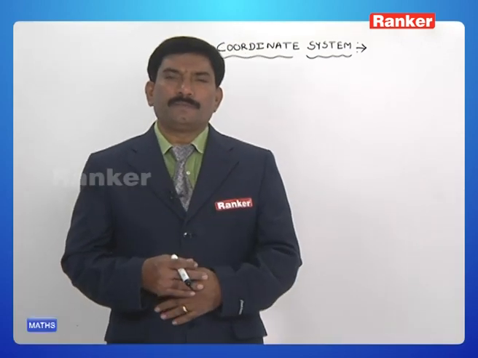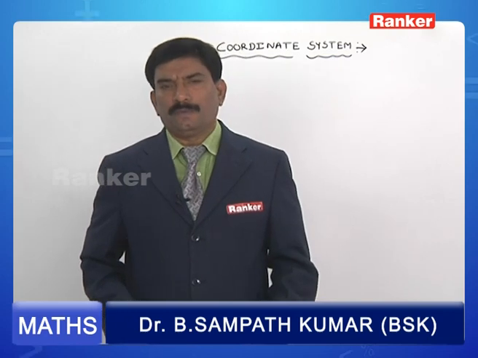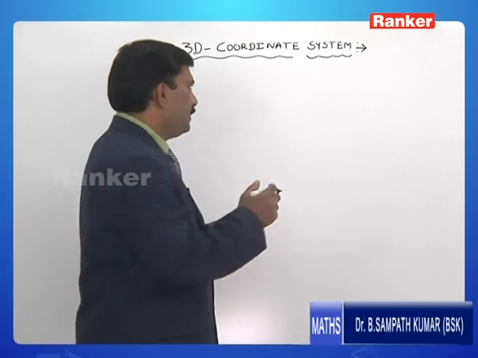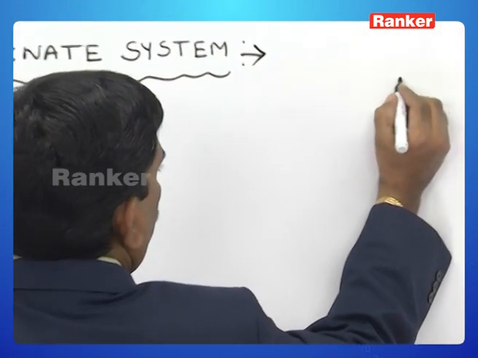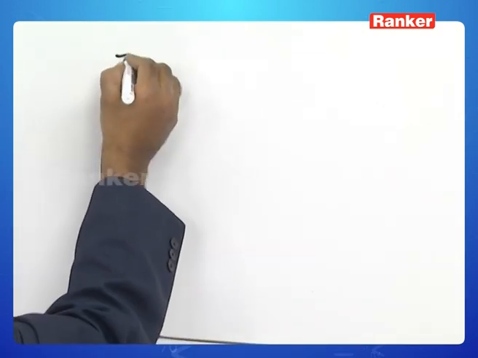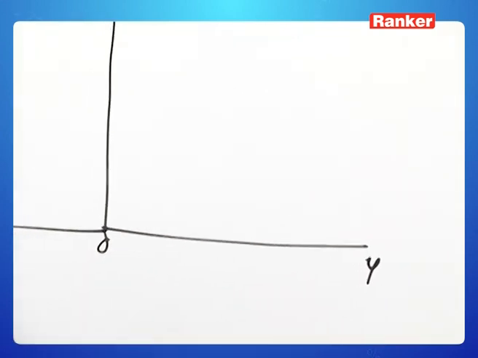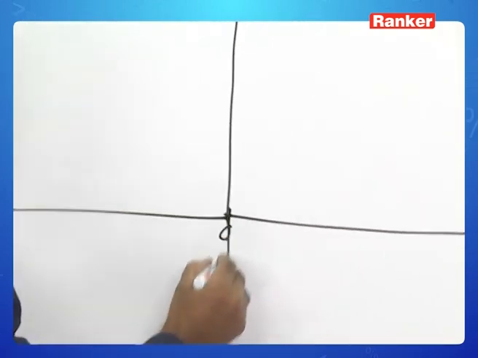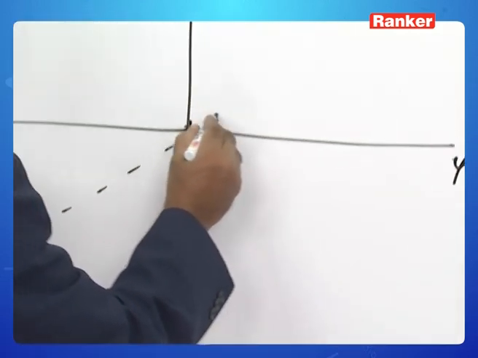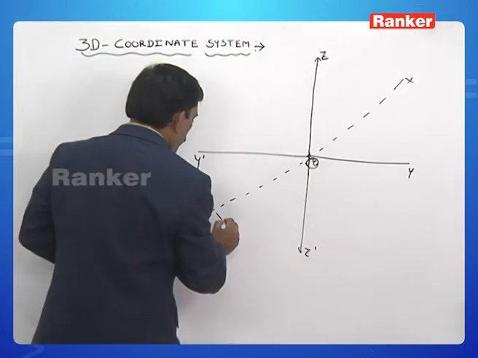Yes, students, we were discussing the 3D coordinate system. In the space OXYZ, this is the Z-axis, this is the Y-axis, this is Y dash, this is Z dash, and this is the X-axis, OX, and this is OX dash.